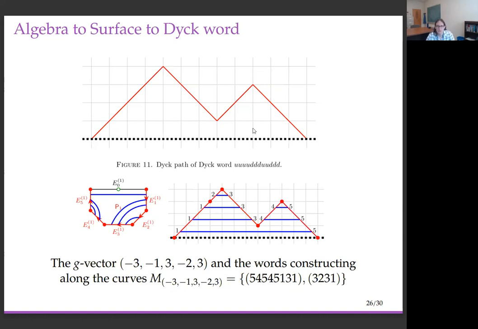Like that, they construct a Dyck word, and they can recover the curve on the Dyck word just by drawing a line from one side of the Dyck word to the other one without crossing. So here the 1 goes to 3 and the 4 goes to 5, because we don't want to go outside of the Dyck path.